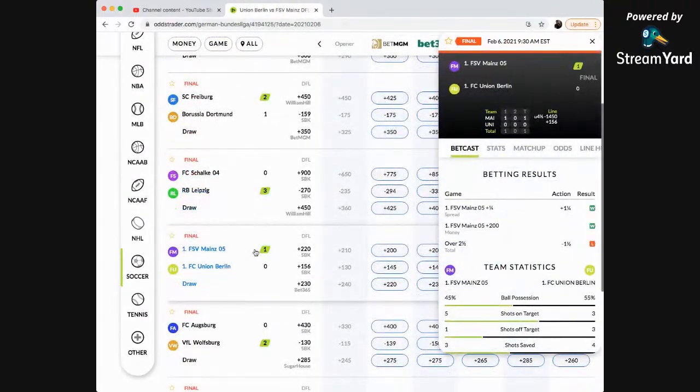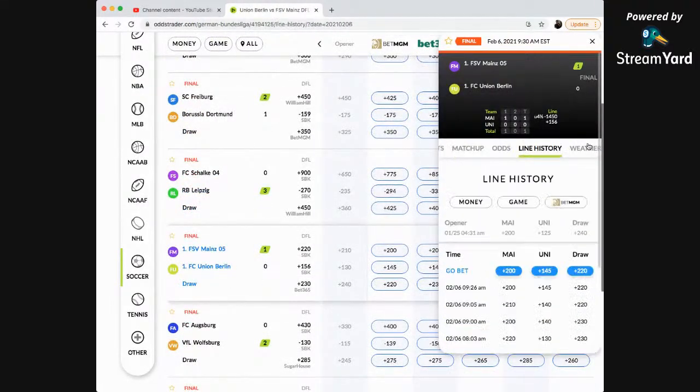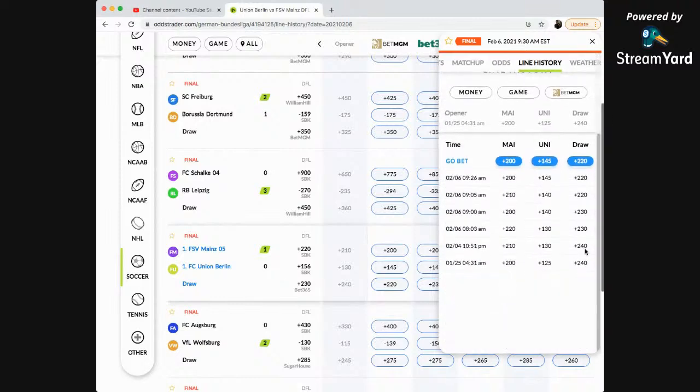Okay, Mainz and Union Berlin. All right, so this line, 200 to 200, no movement here, so we can't eliminate it. This line moves from the away team 125 up to 145, so we can eliminate that line. And this moves from 240 down to 220, so we can't eliminate that. So the only thing we can eliminate is the away team.